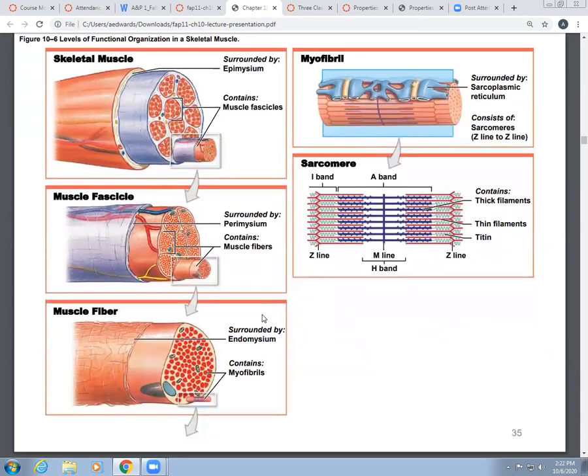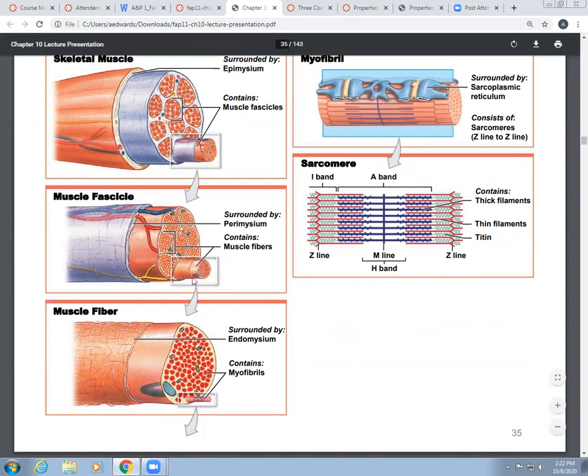So let's summarize what we've learned so far. Okay. So what do we know? We know the whole skeletal muscle is surrounded by epimysium, right? And inside of that epimysium are fascicles. Now the fascicles are surrounded by perimysium, right?